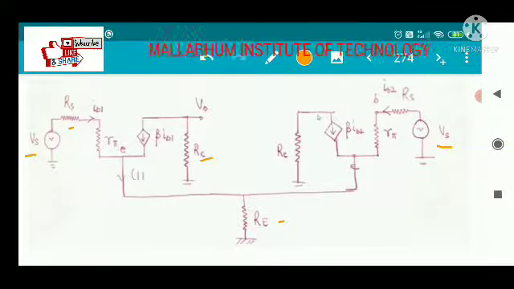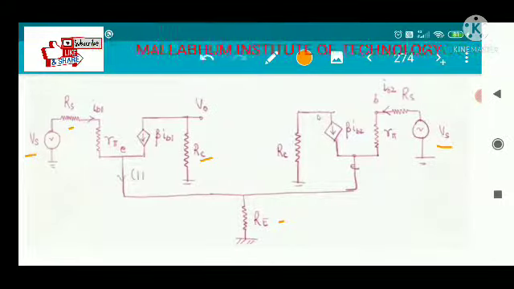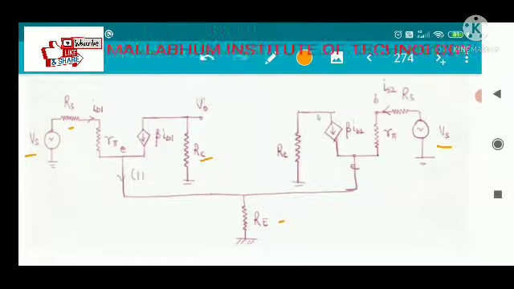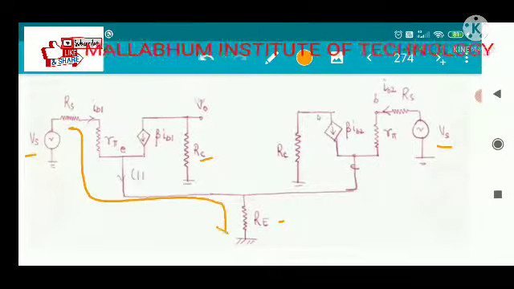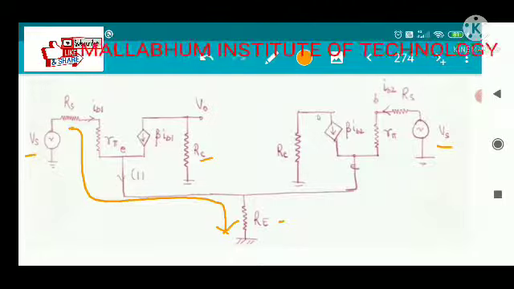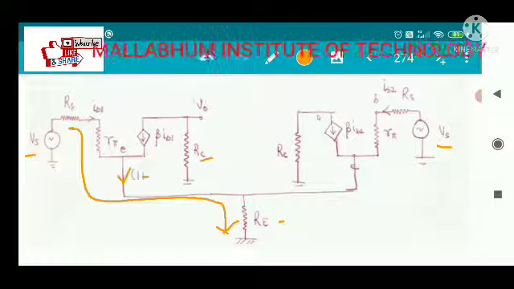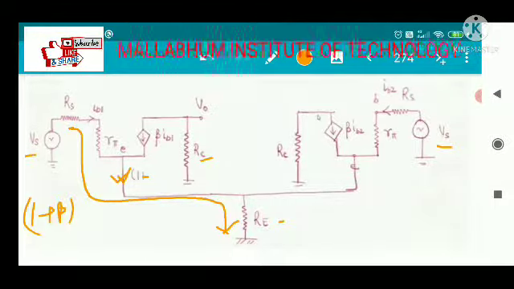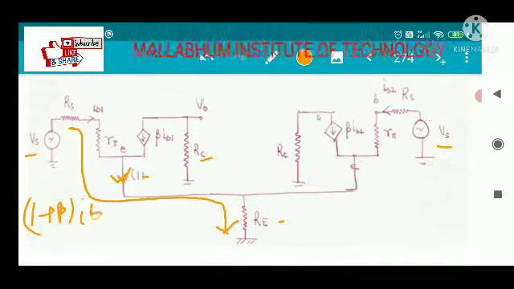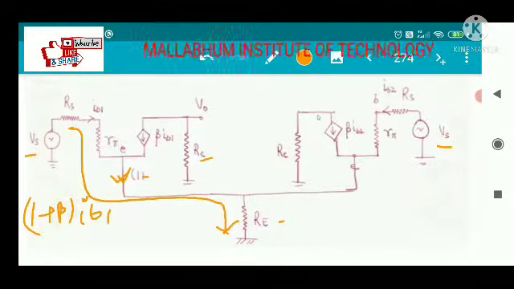Both transistors are identical, both have the same source, and in this case we will consider the KVL equation through here. The current flowing through this terminal is (1 plus beta) IB1, because this is the emitter current.